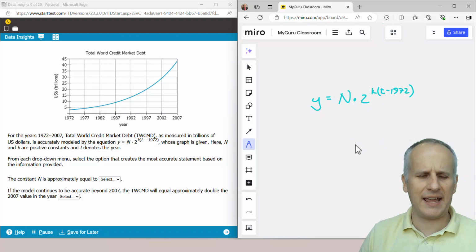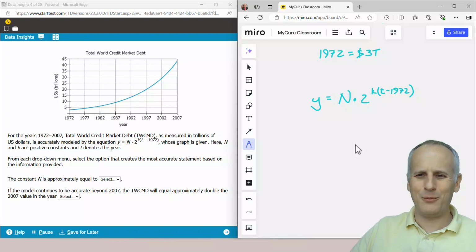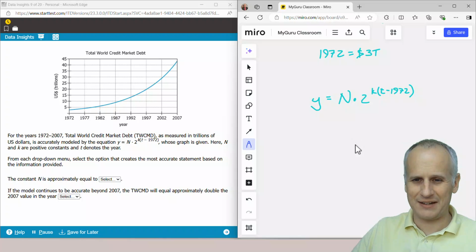And n and k are positive constants, and t denotes the year. Okay, simple enough. Well, we know at this point one value of that total world credit market debt immediately. We know it at 1972 is going to be equal to, it looks like, about $3 trillion, roughly. So then we know that at that value, t is going to be equal to 1972.